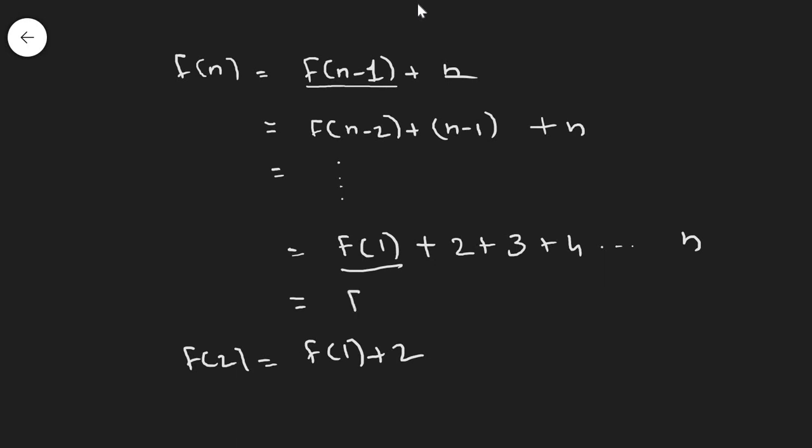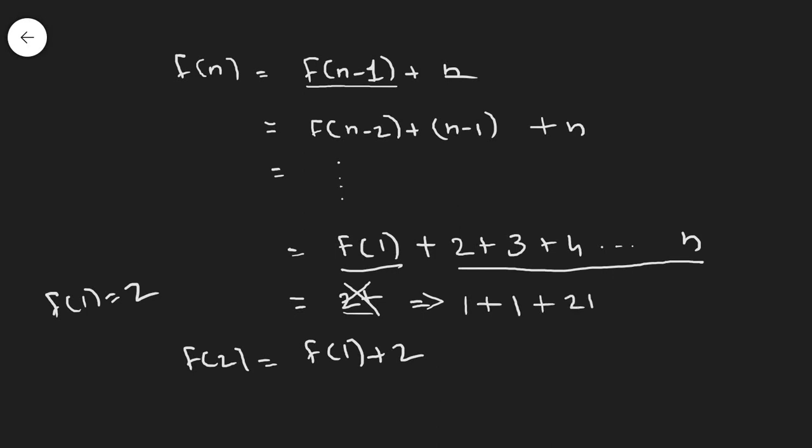So what it says is f of 1, and we know f of 1 is 2. So instead of f of 1, we can write 2 plus these terms. We can split this 2 as 1 plus 1, plus 2, plus 3, and so on up to n. So it gives 1 plus the sum of the first n terms, which is n into n plus 1 by 2.